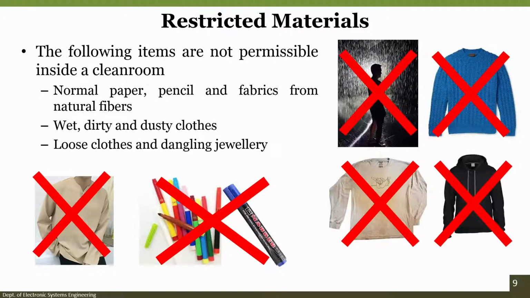So, these are the items which are not permissible inside the clean room. Normal paper, pencil and fabrics from natural fibers, wet, dirty and dusty clothes, and loose clothes and dangling jewelry. You see, this is a very loose cloth. The reason for not wearing loose cloth and wearing properly fitting cloth is that your cloth will not get entangled while working in a clean room.